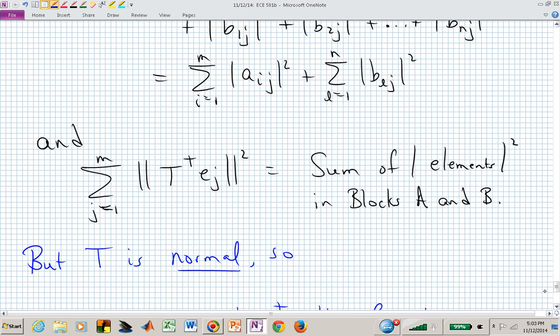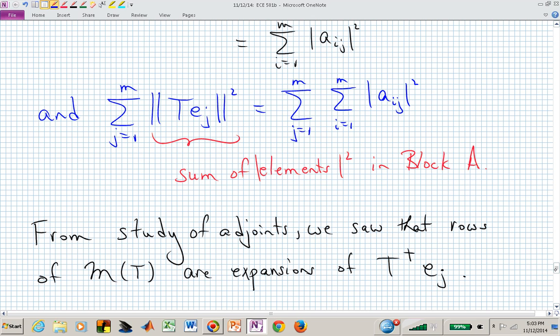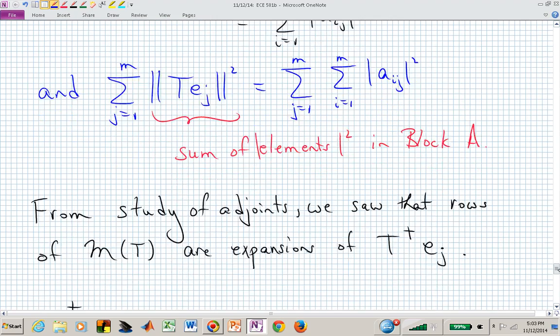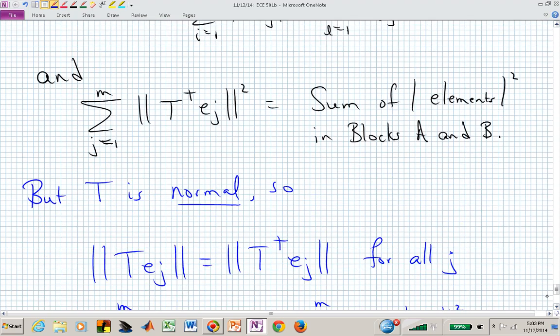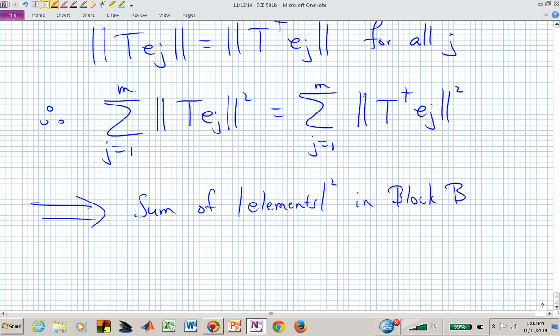Because we know the left-hand side there has to equal the left-hand side here, the right-hand sides have to be equal, and here they're the sum of all of block A, here they're the sum of block A and block B. That means that the sum of the elements squared in block B is in fact 0. Well, if that's true, then we know that all the elements in block B are 0.